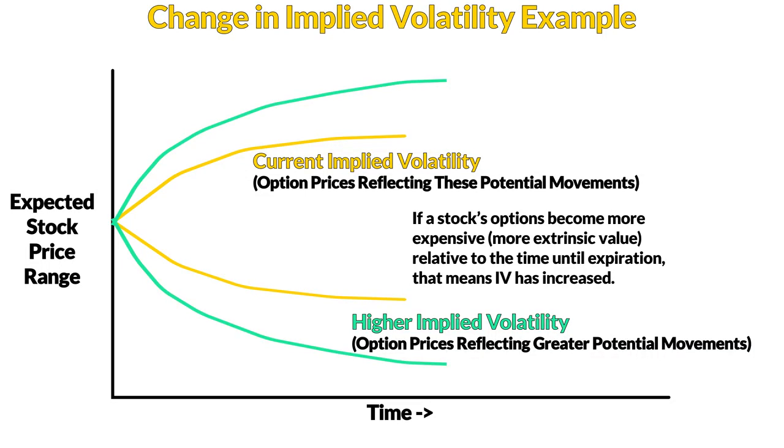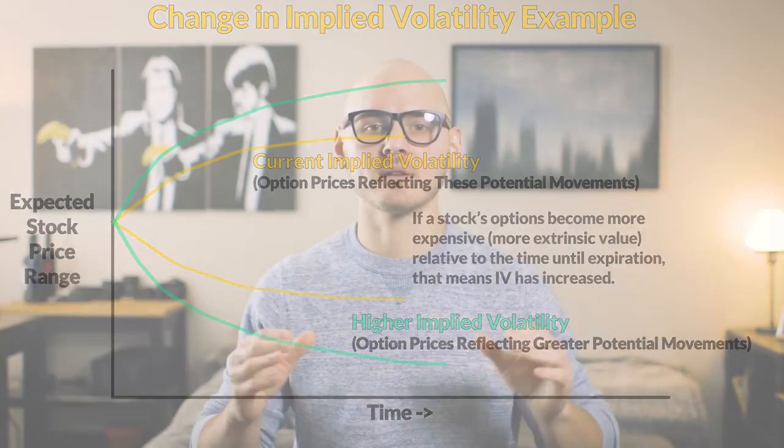So if we hold the stock price the same and we are looking at one single trading day and Visa's call option with a strike price of 180 went from $7.35 to $15, that would be called an increase in implied volatility. And it is quite literally the options are getting more expensive relative to the amount of time they have until expiration, and that tells us that the market is expecting greater levels of volatility in the stock price going forward.